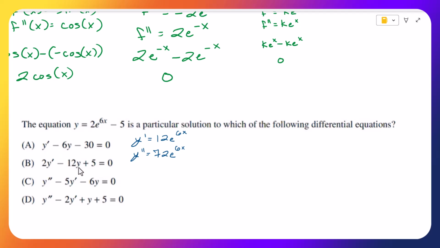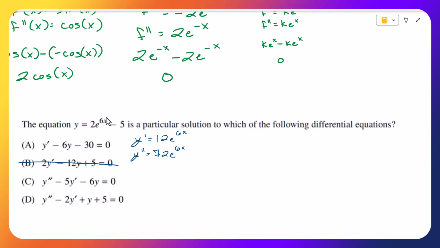This one is negative 12y plus 5. Well, negative 12 times negative 5 is positive 60. 60 plus 5 is 65. That's not 0. So I already know that b is wrong, just by sort of evaluating my constants. And here we have negative 6y.